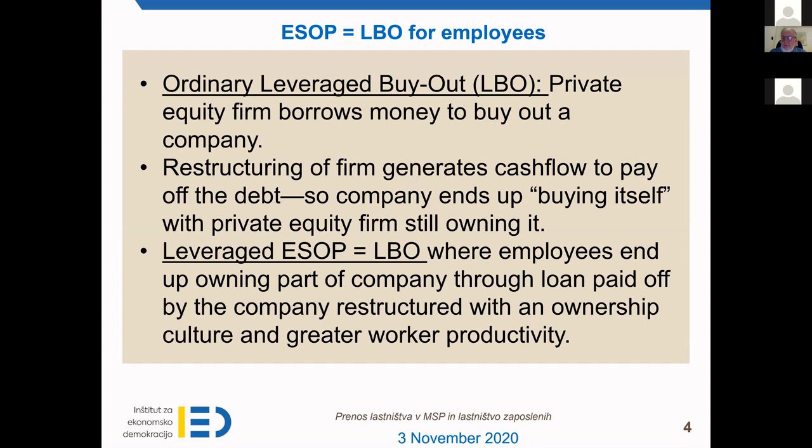So Kelso said, why don't we do that, but have it so that the employees end up being the owners? That was where the idea of the ESOP came about: you take out a loan or use seller credit, and then the company becomes more efficient if you integrate the employee ownership into the way the company operates. There's also the increase in effort, flexibility, and resilience on the part of the workers if they're now all owners.